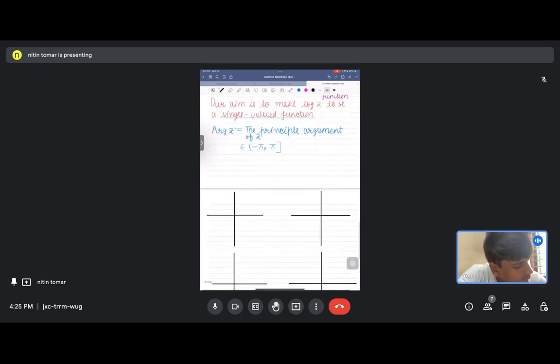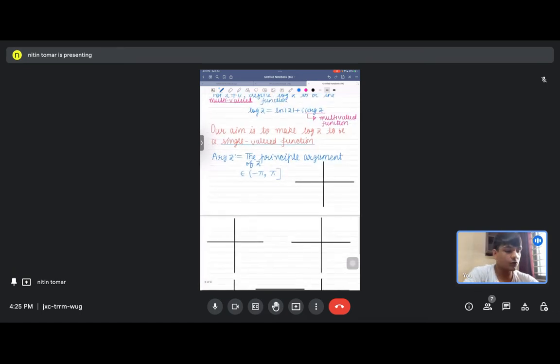Here I do one more example just to make sure that we know how to measure the angle. If I give you a complex number, can you tell me its principal argument? How do we do it? Let's say my complex number is here. What is the argument?